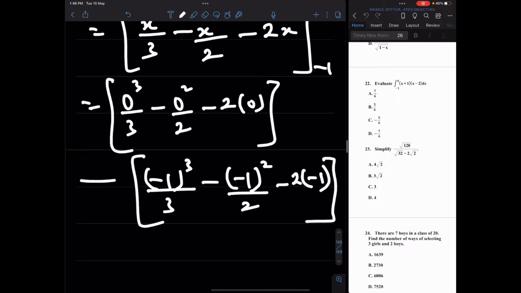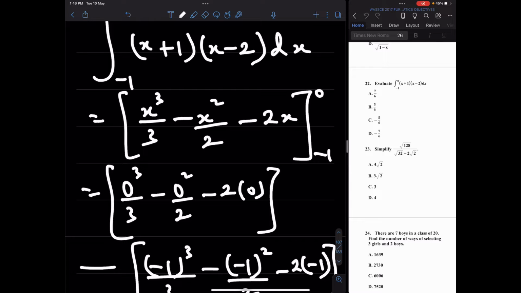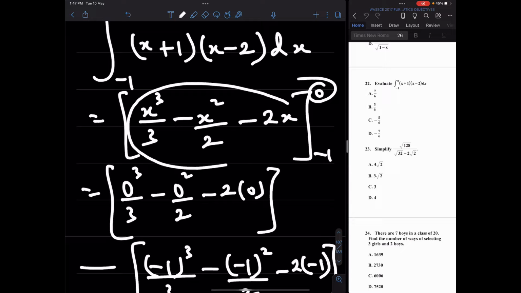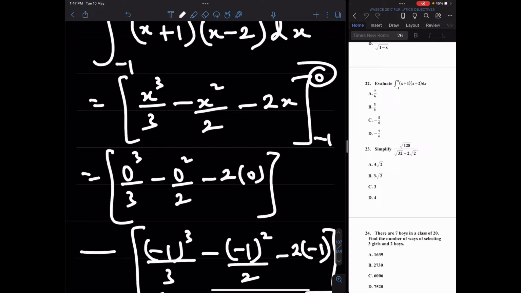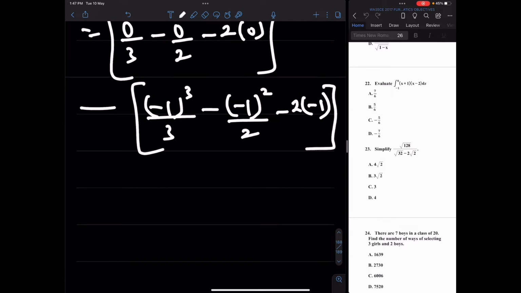That's it. What you do is put 0 in the integral and subtract what you get when you put x equals minus 1. Put x equals 0 first and subtract what you get when you put x equals minus 1 from the first result, which is what I've done here.